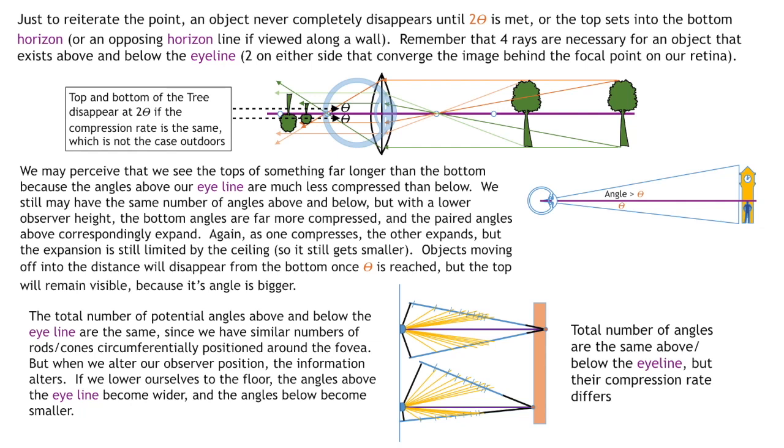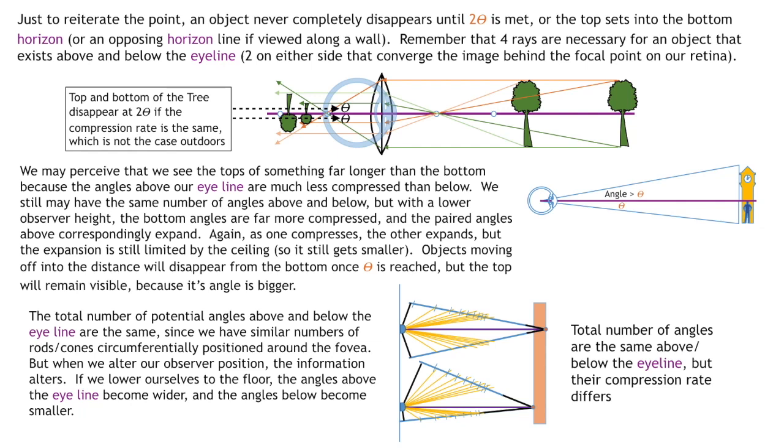If we lower ourselves to the floor, the angles above the eye line become wider and the angles below become smaller, as you can see when you fix some points along some lines and move a central fixed point along those two. You'll notice that the angles change size as you move the eye vertically. The angles above get wider and the angles below get smaller.